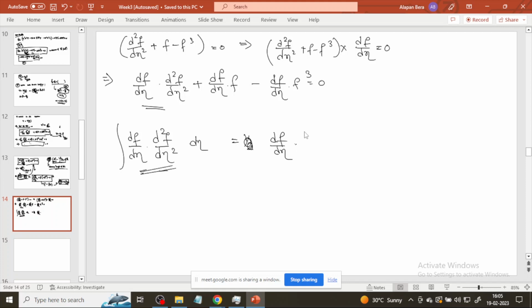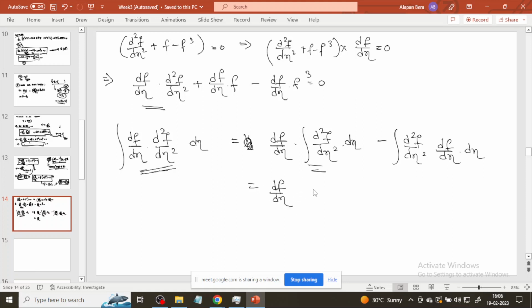This gives us df by d eta into d square f by d eta square into d eta minus d square f by d eta square into df by d eta into d eta.